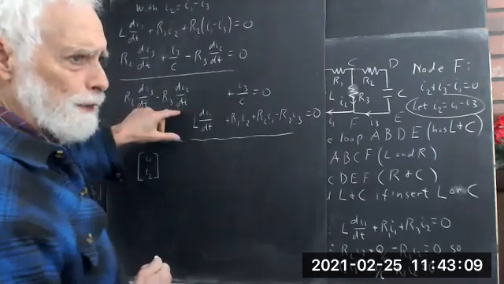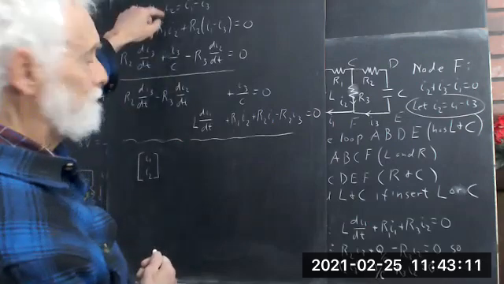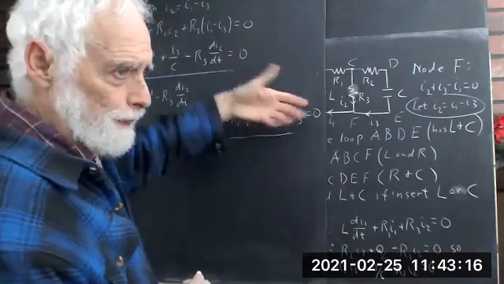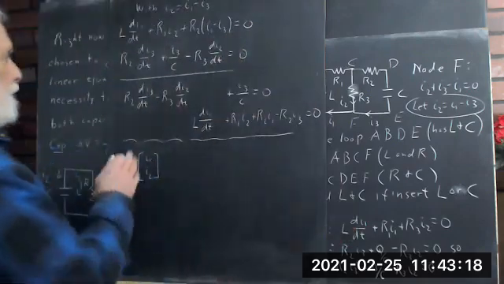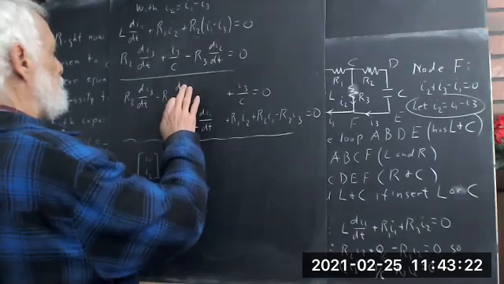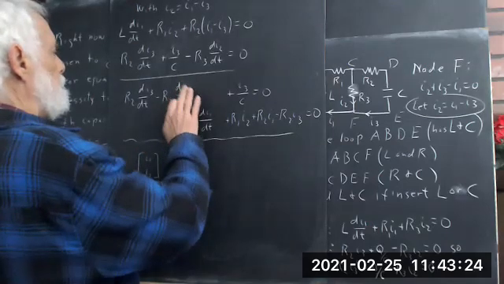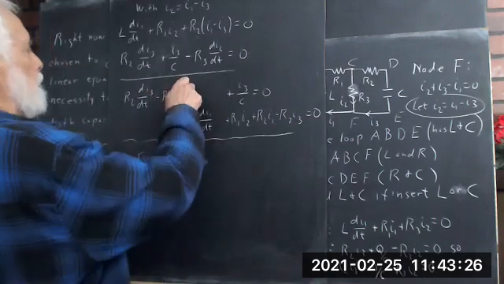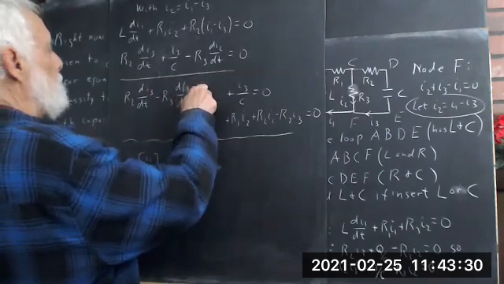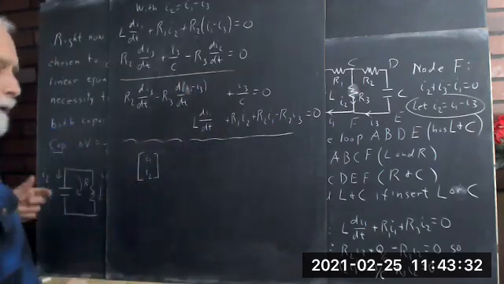I've got a di2/dt here that I didn't deal with. When I looked at this, I thought I was taking care of everything, and I wouldn't have to do that. But this is actually going to become d(I1 minus I3)/dt.